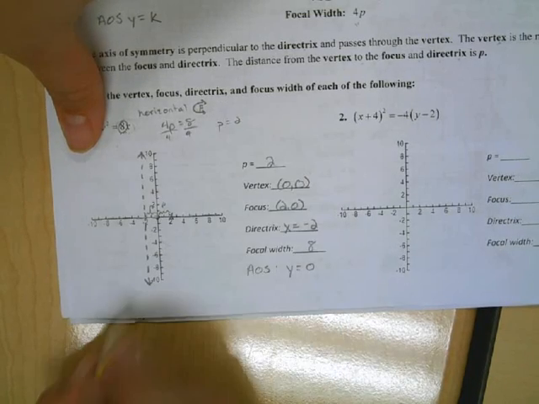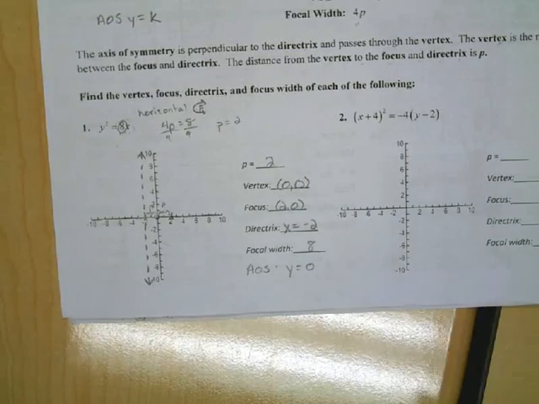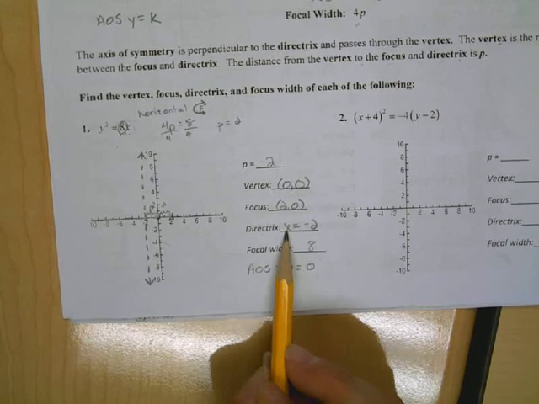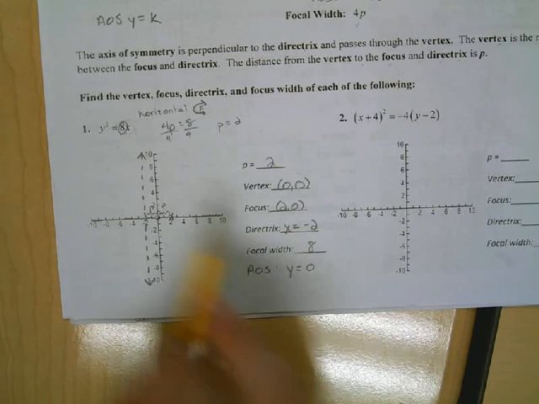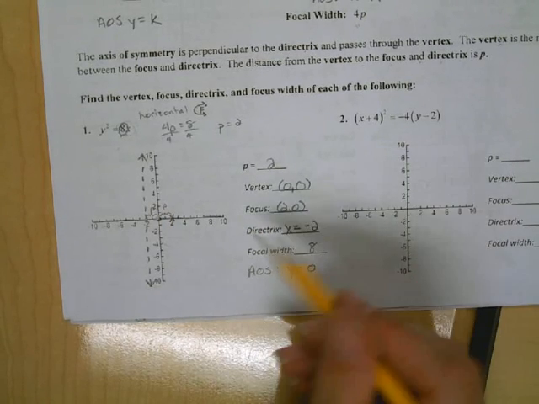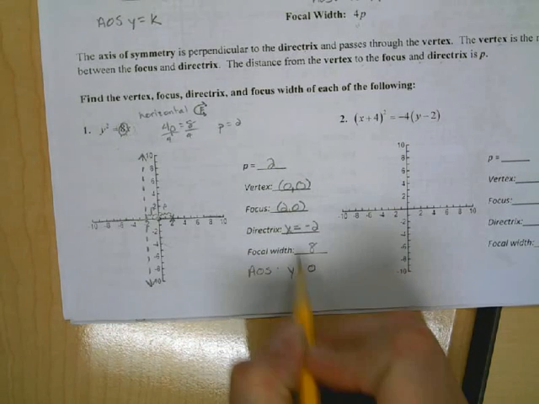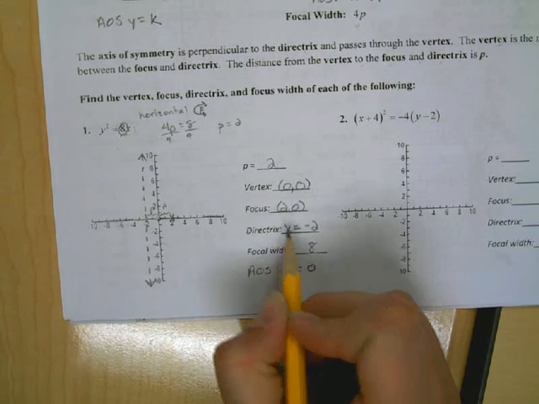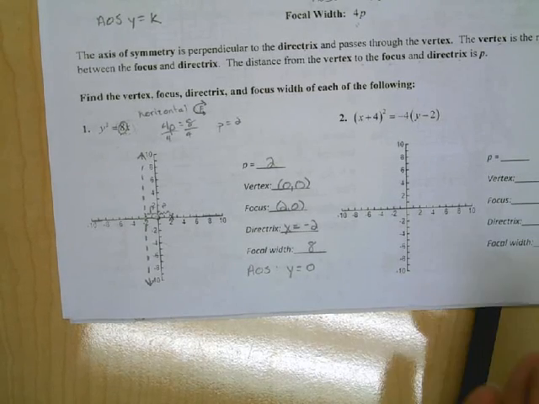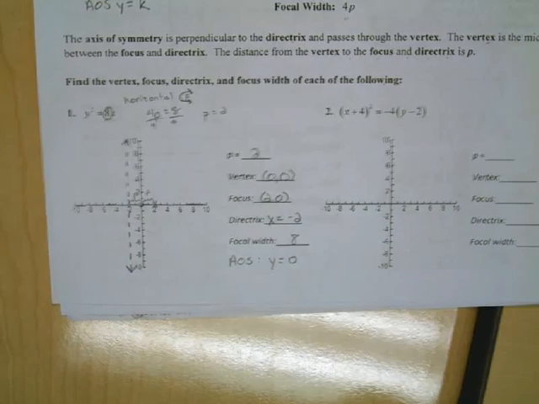It's right on that axis. Now, good ways to check: the non-squared term should be the same as my directrix, so it's x and x, horizontal, horizontal. Remember, x is horizontal. And then we also have that these two should always be opposite. So if this is x, this must be y. Those are just good ways to check yourself to make sure you're doing these things correctly. Now the last thing we need to put on there is that focal width.